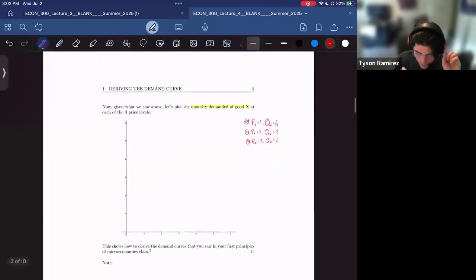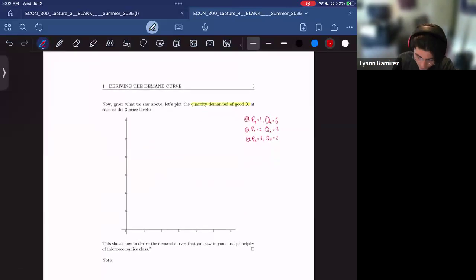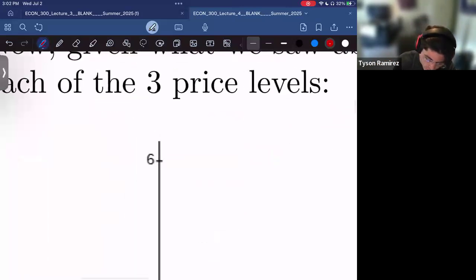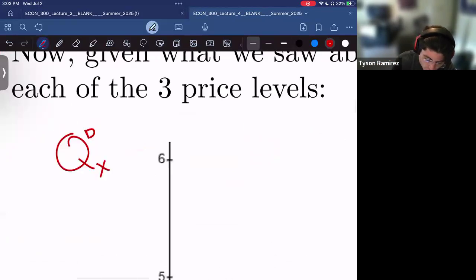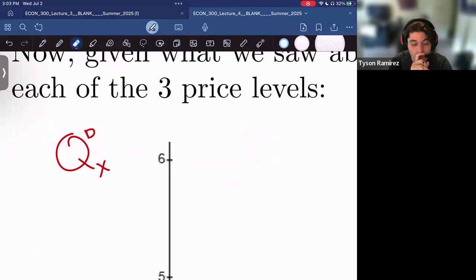How does this connect to what we saw in principles? Again, in principles of econ, you would see something like quantity on this axis, call it quantity demanded of good X. And then you would have price. I'm sorry, I did this backwards. Truthfully, it doesn't matter.